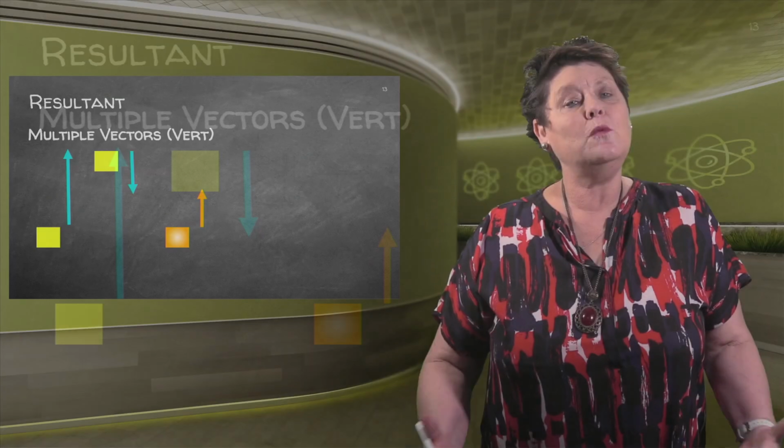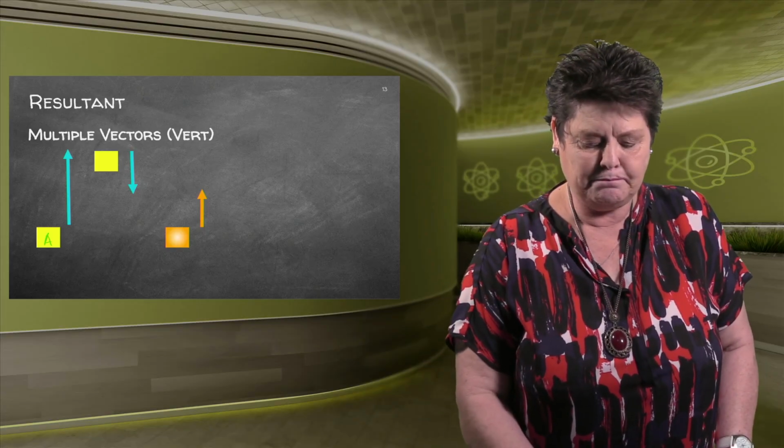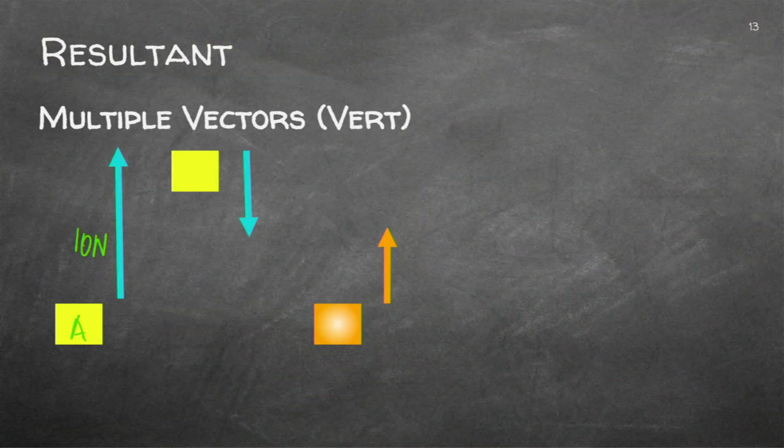We can also work in vertical directions. I've got box A being pulled up with 10 Newton to that position, and pulled down with 2 newtons. So 10 newtons up and 2 newtons down will give me a resultant of 8 newtons up.